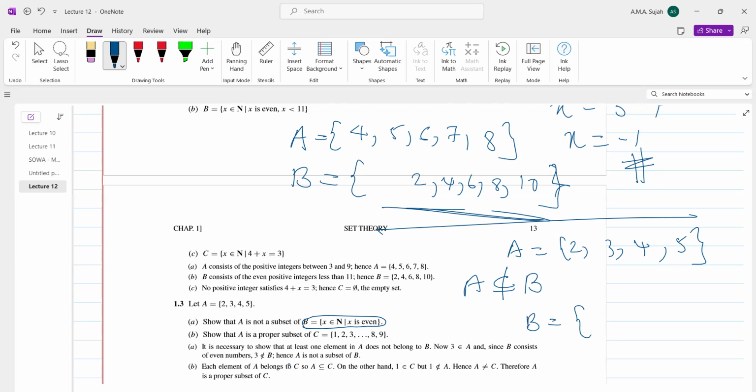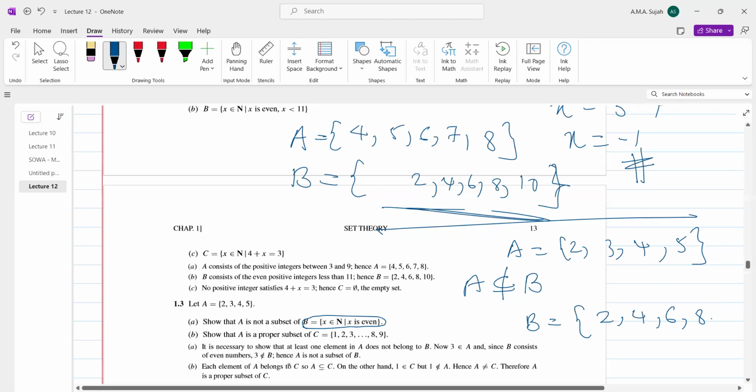So what are the values for x? x is an even number, so 2, 4, 6, 8, and this is infinite, so it will go dot, dot, dot. So now you know B.